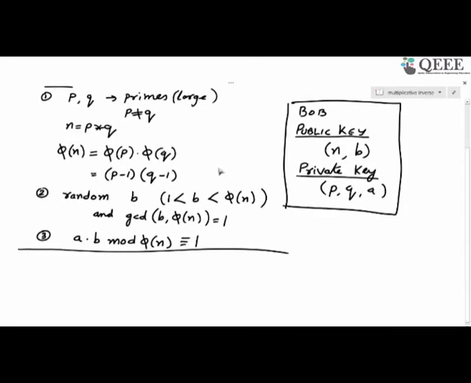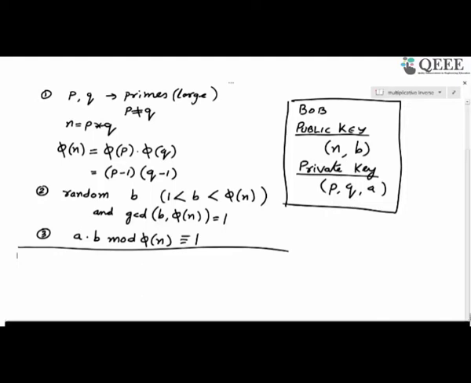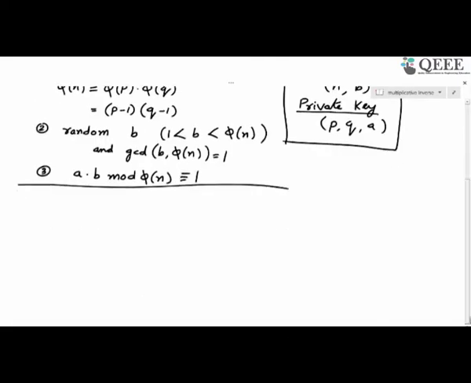Okay, so this is the first step, which is the key generation part. The next step is on Alice's side, where she will encrypt a message. So the second step is encryption, done by Alice. She goes to Bob's website and picks up the public key comprising n and b, and let us say she wants to encrypt the message denoted by x and send this to Bob.